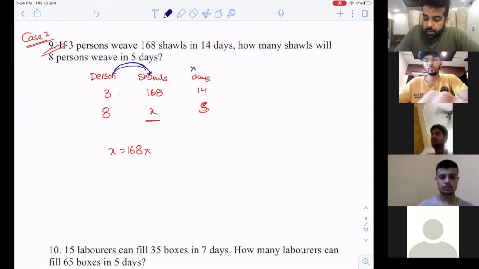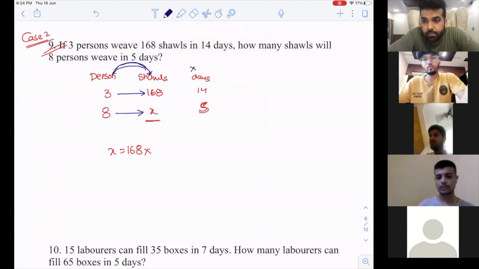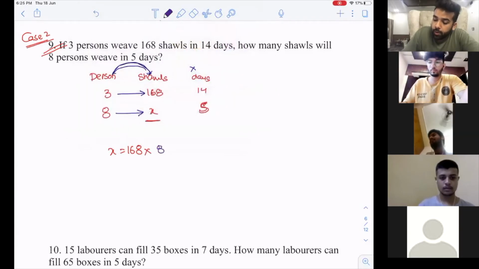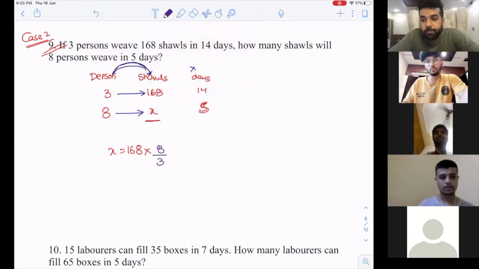If 3 persons weave 168 shawls, 8 persons will weave more shawls or less? 8 लोग ज्यादा shawls weave करेंगे या कम? More, sir. more के लिए क्या होता है, हमेशा बड़ा नंबर ऊपर और छोटा नंबर नीचे. यहां तक क्लियर है?